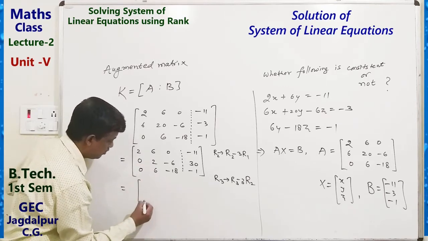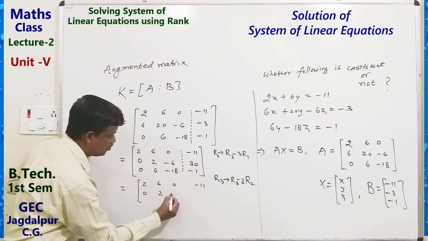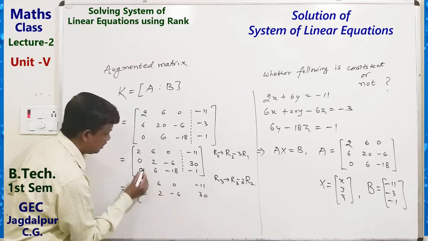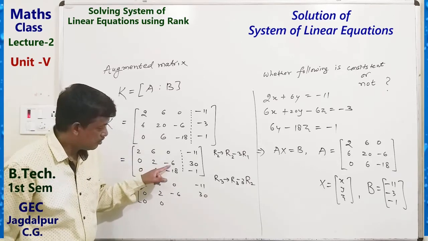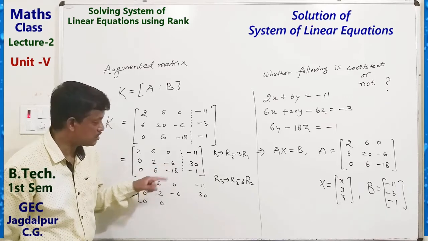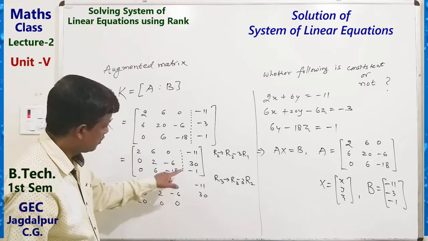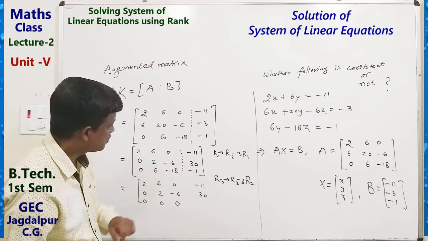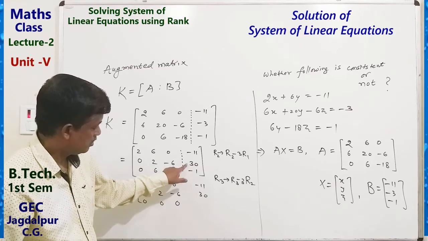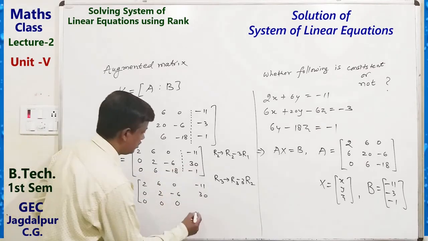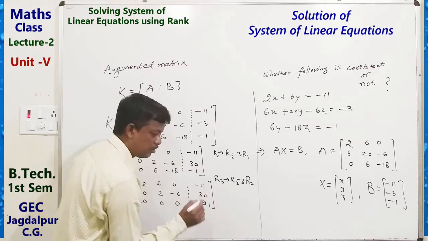So we get: 2, 6, 0, minus 11; 0, 2, minus 6, 30; and here 0, 0, minus 3, minus 18 plus 18, 0. Also in this last entry we get minus 91.